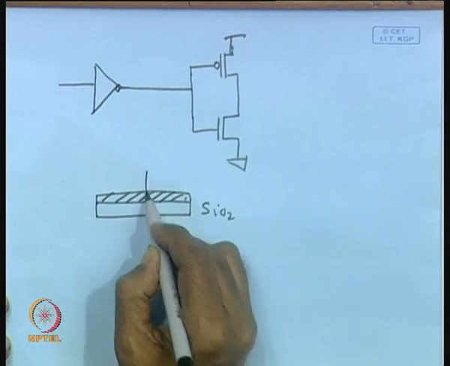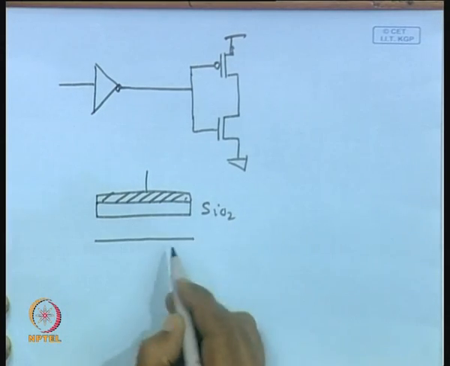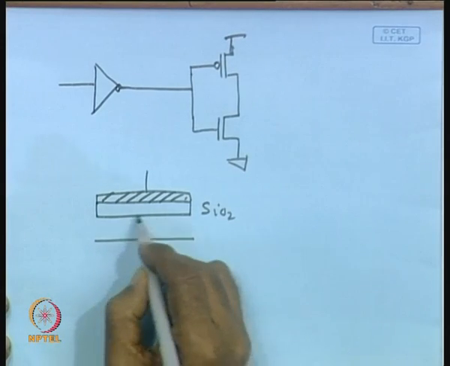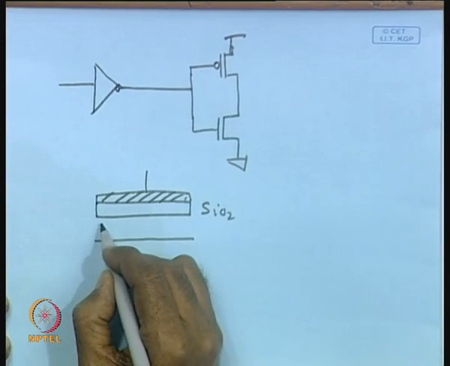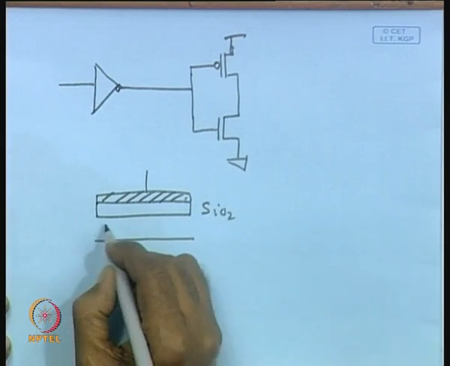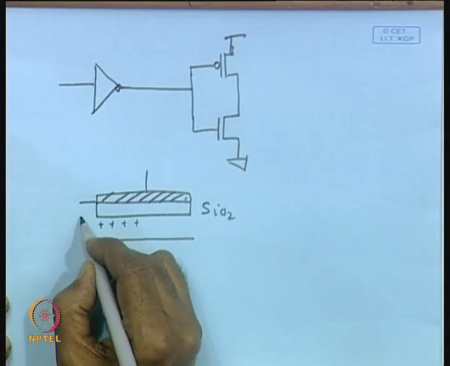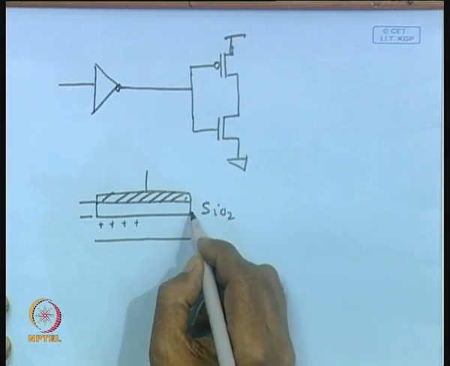I am drawing a channel region, then this is the substrate, and initially, as you have seen, there will be holes present here. So, the thickness of the dielectric will be the thickness of the silicon dioxide.